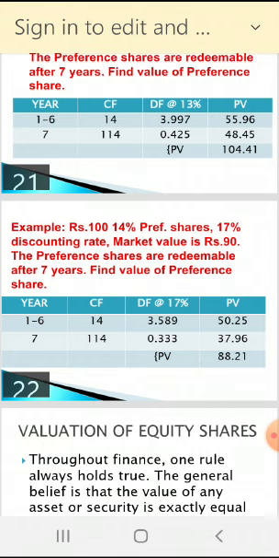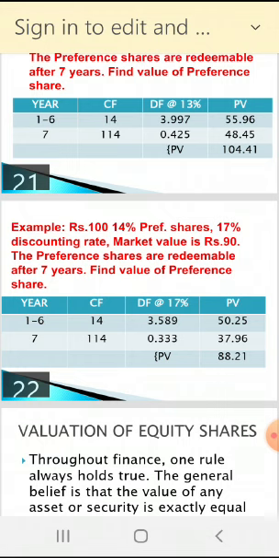Calculate properly. It is a small example, you will get 4 marks within 2-3 minutes. Sigma PV, the total of these two, is 88 rupees and 21 paisa. So 90 rupees is available in the market, and present value is 88 rupees 21 paisa.